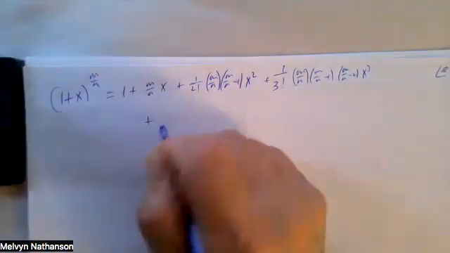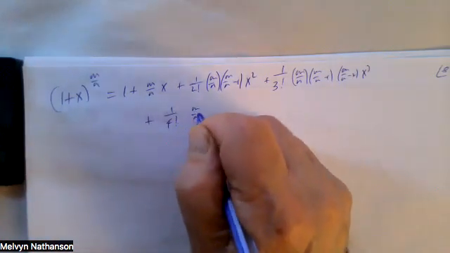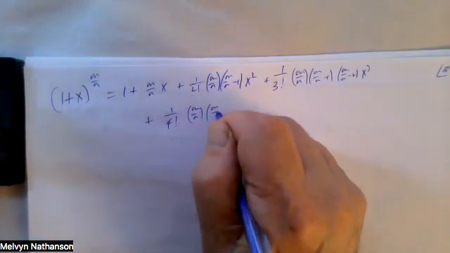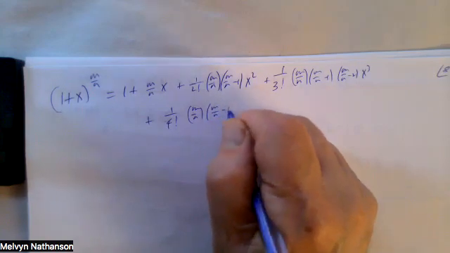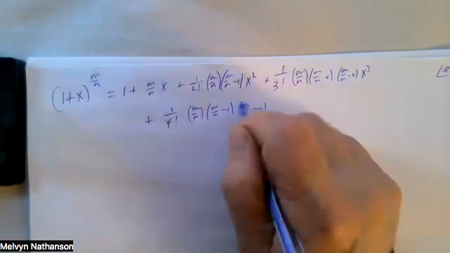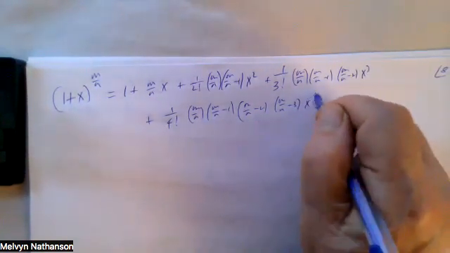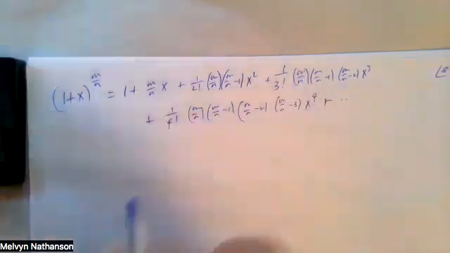The next term would be 1 over 4 factorial, (m/n)(m/n minus 1)(m/n minus 2)(m/n minus 3) x to the 4th, and so forth.